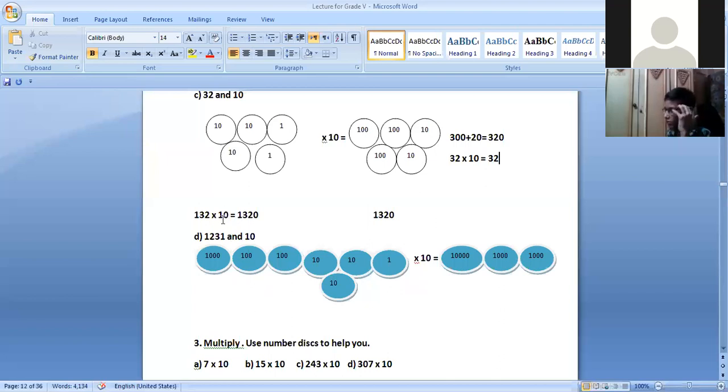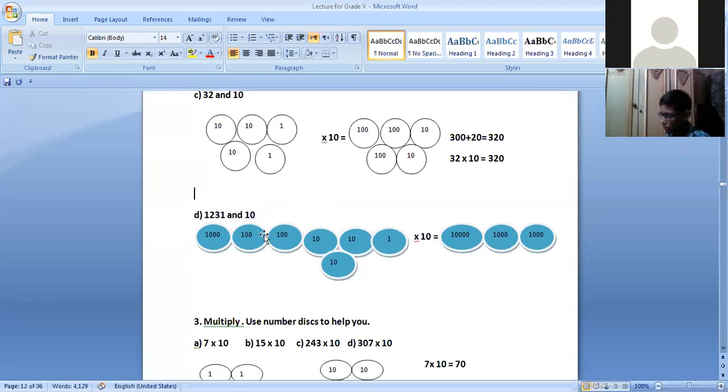I am changing the number. Okay, I am giving you a number, 30 multiplied by 10. We will use 30 and 10. हम यहाँ पे 30 and 10 को use कर रहे हैं.